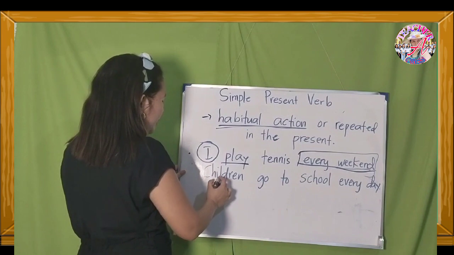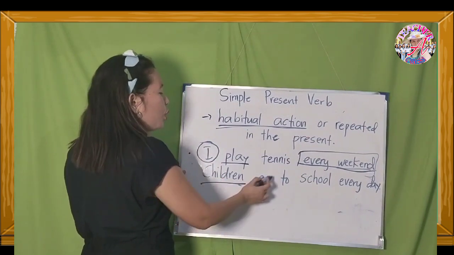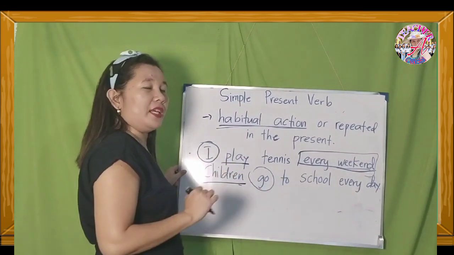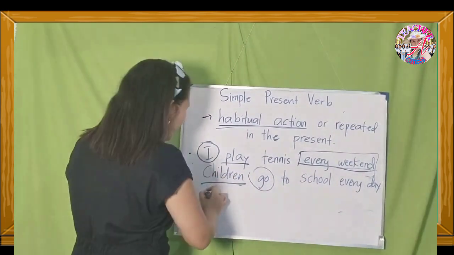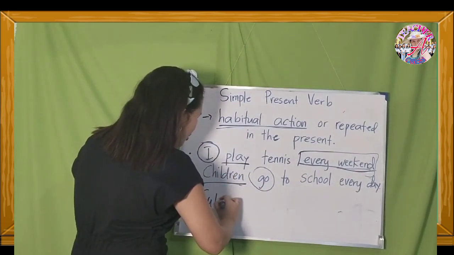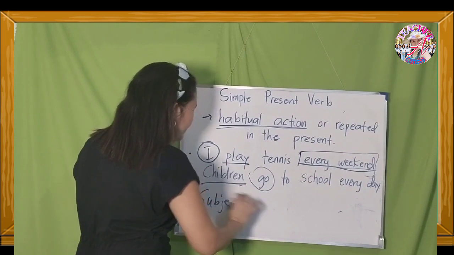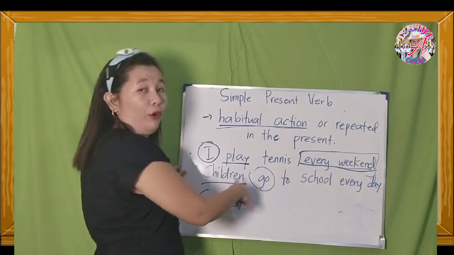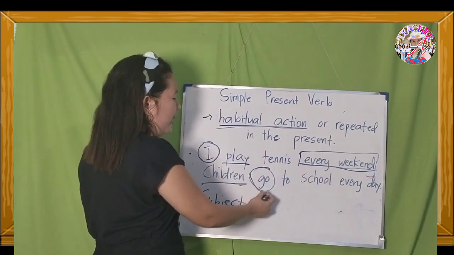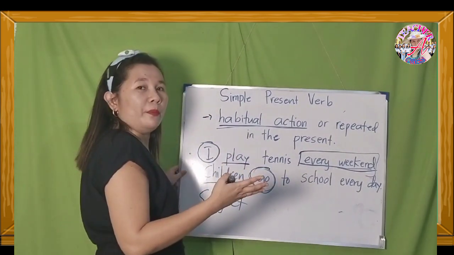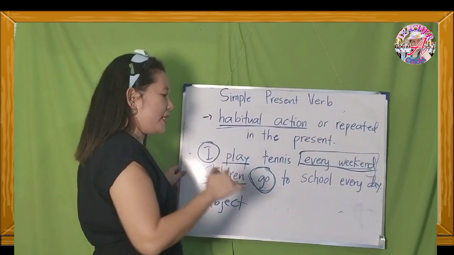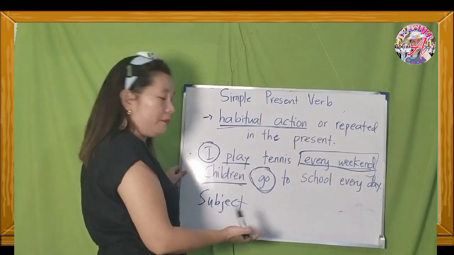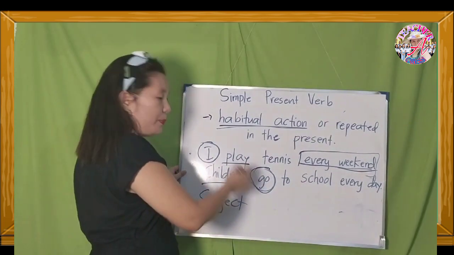Next, children go to school every day. Children is plural. So, this is the subject, plural subject. Therefore, the verb is in the base form. Do not add s or es to the verb because the subject is plural.